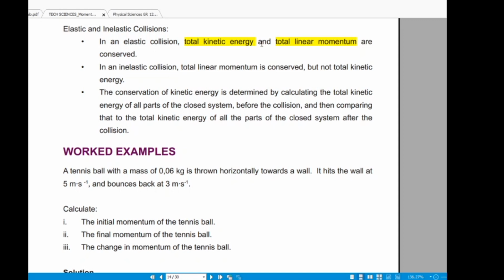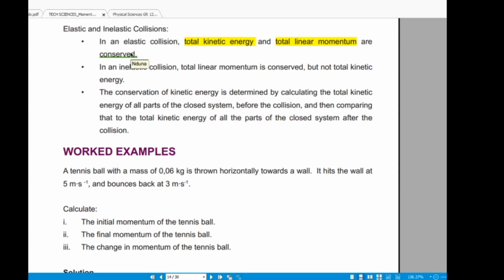So in an elastic collision, the total kinetic energy before collision is equal to the total kinetic energy after collision, and also the total linear momentum before collision is equal to the total linear momentum after collision. In an elastic collision, both kinetic energy and linear momentum are conserved, right?